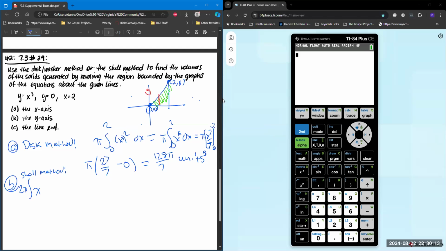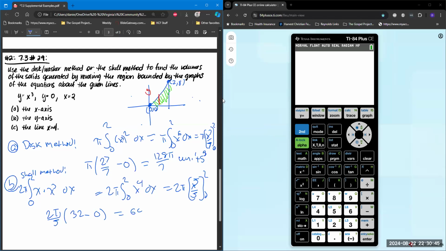Height of the rectangle is x cubed dx. x is going from 0 to 2. So this is 2 pi integral 0 to 2 of x to the 4th dx, which is 2 pi times x to the 5th over 5 from 0 to 2, 2 pi over 5 times 32 minus 0. 32 times 2 is 64 pi over 5 cubic units.